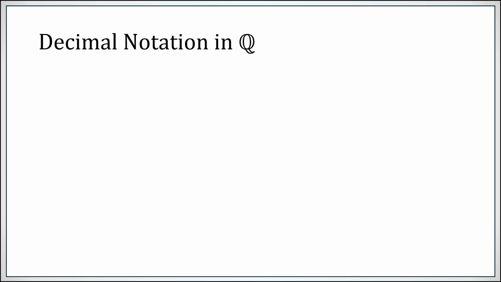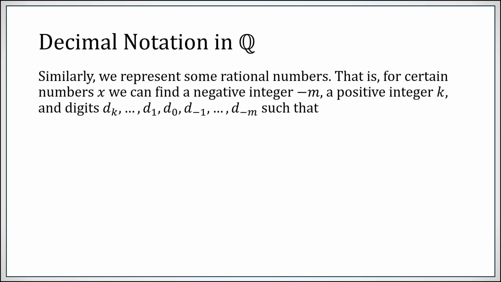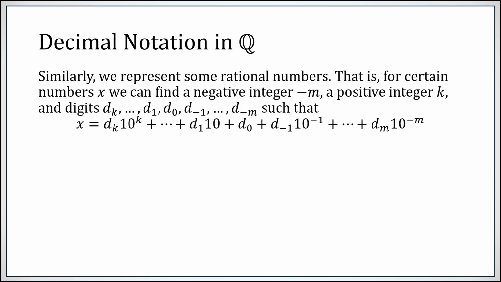What about decimal notation for rational numbers? So similarly, if you have a rational number x, you can find a negative integer m, a positive integer k, and digits d sub k through d sub negative m, so that x is something times 10 to the k plus something times 10 to the k minus 1, all the way down to something times 10 to the first, plus something times 10 to the 0, plus something times 10 to the minus 1, etc., through something times 10 to the minus m.